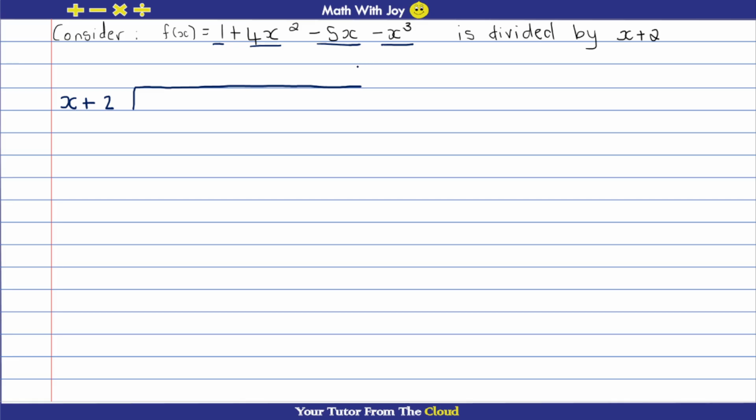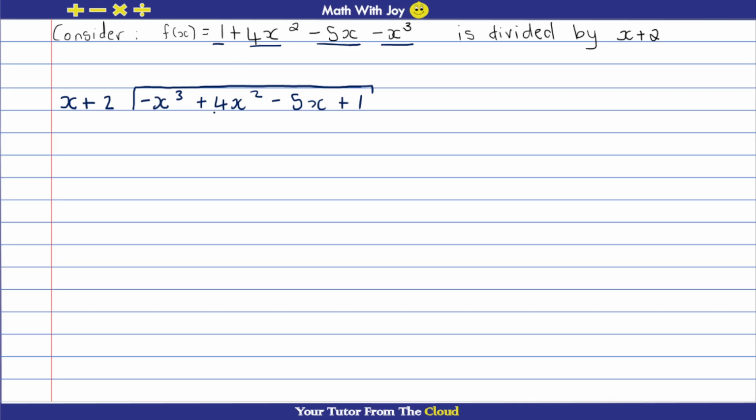You look at which term has the highest exponent of x, and you will note that it's minus x to the power of 3. So we write down minus x to the power of 3, followed by positive 4x squared, followed by minus 5x, and followed by positive 1. Okay, so now we have it written in descending powers of x.